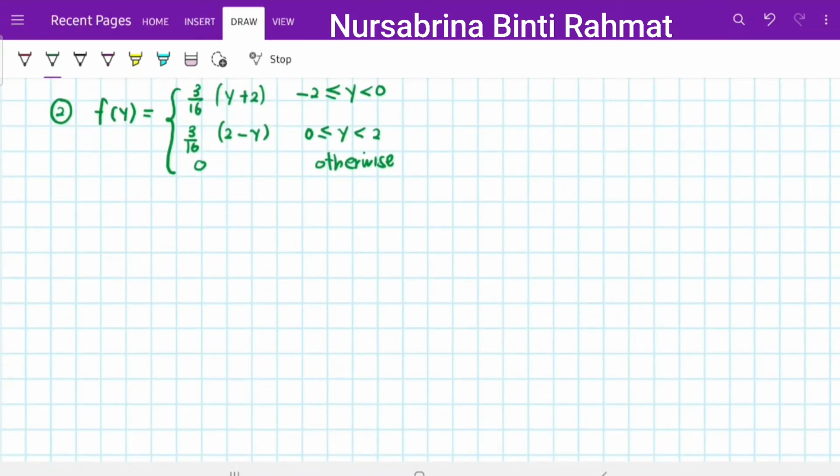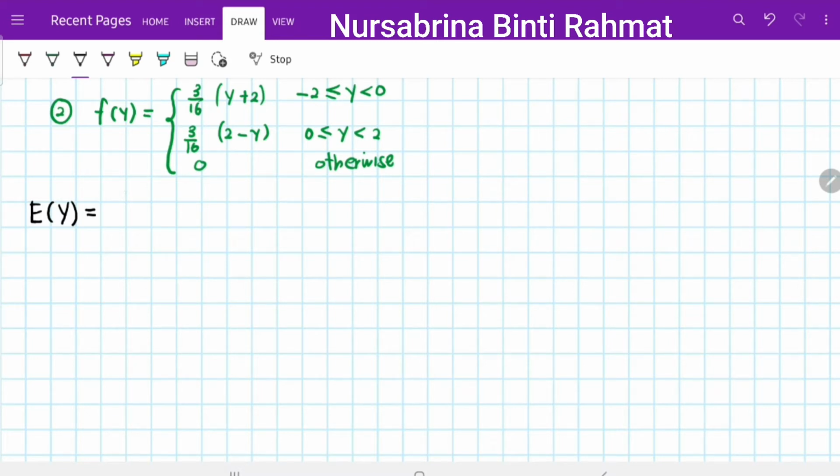In this second example, instead of having just one probability density function, we actually have two probability density functions. So how do we solve this one? To get E(Y), instead of x now we use Y. That means we need to integrate both of the given probability density functions and multiply both with y.